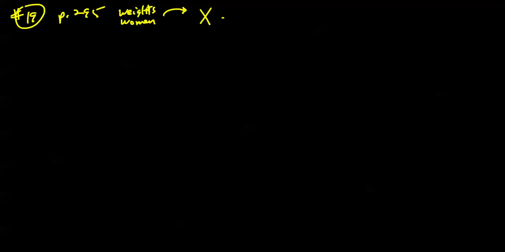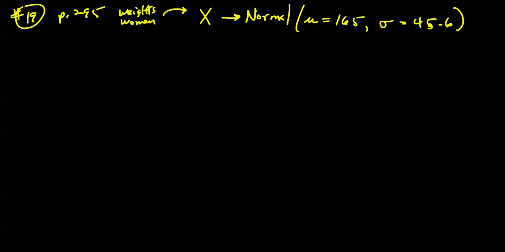And the author claims these weights are normally distributed with a mean of 165 and a standard deviation of 45.6 in pounds, right? Alright, so they want us to consider again part A and part B, following the template as before.